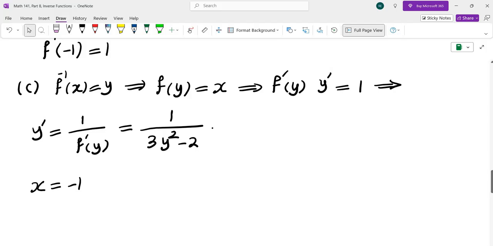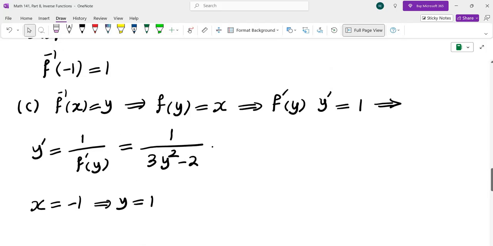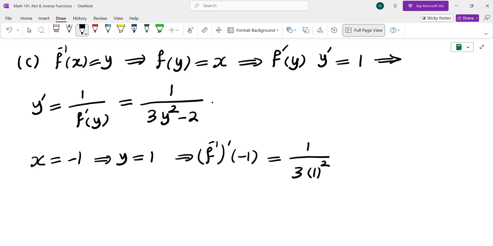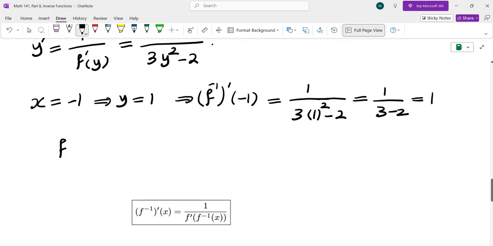If x is negative 1, y would be 1, because f inverse of negative 1 is in fact 1. So that means f inverse prime at negative 1 is 1 over 3 times 1 squared minus 2, which is 1 over 3 minus 2. So the answer is in fact 1. So f inverse prime of negative 1 is in fact 1.